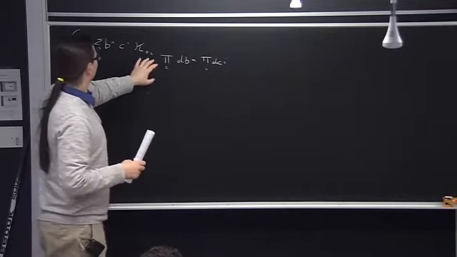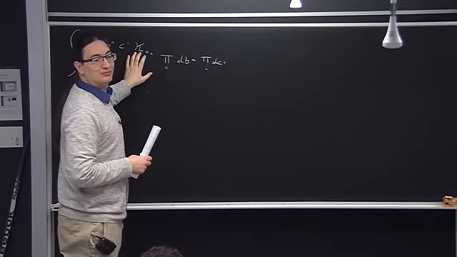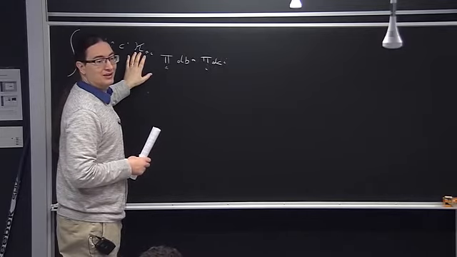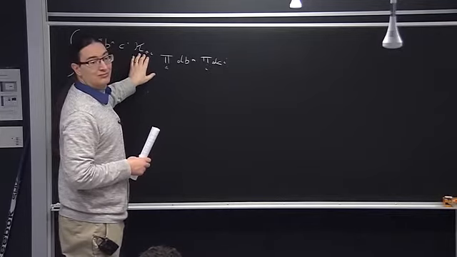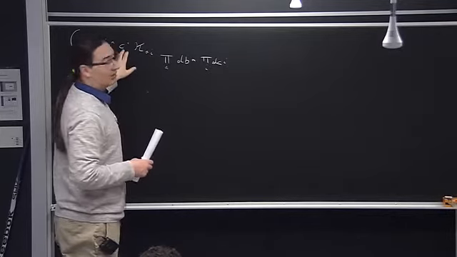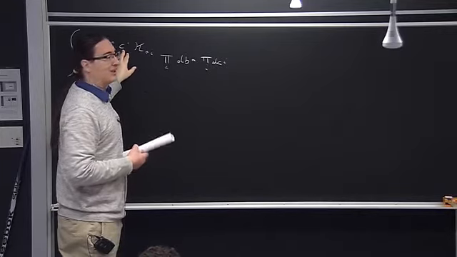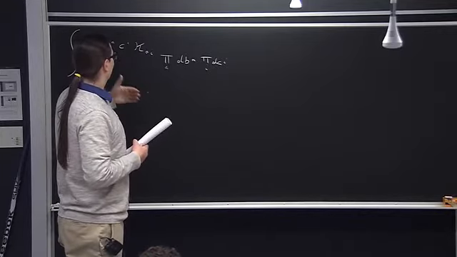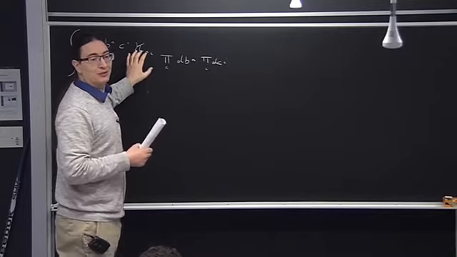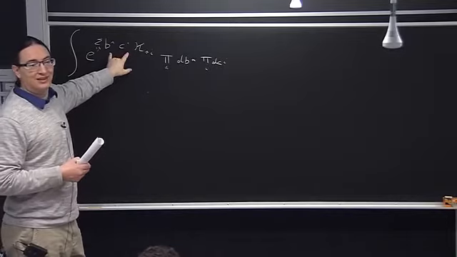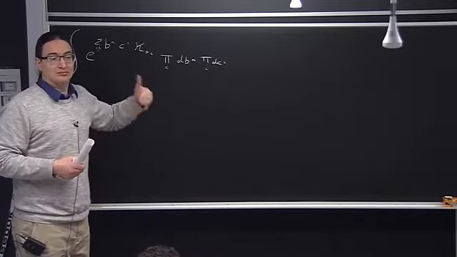Suppose that my matrix has some zero modes. Suppose that some of these elements are zero. Then the corresponding b's or c's don't appear in the action. For all the modes for which this matrix is invertible, for which I really pair up things, those are not going to give me any trouble.